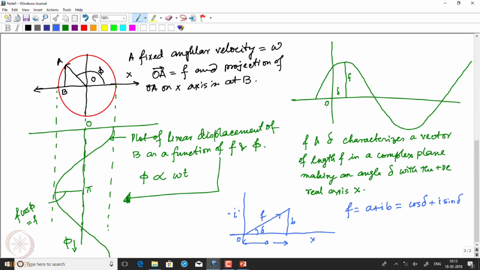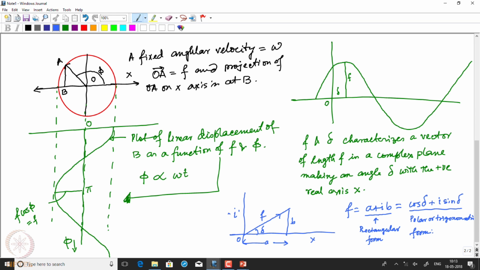This representation a plus ib is termed as the rectangular form, and cos delta plus i sin delta is termed as the polar or trigonometric form.